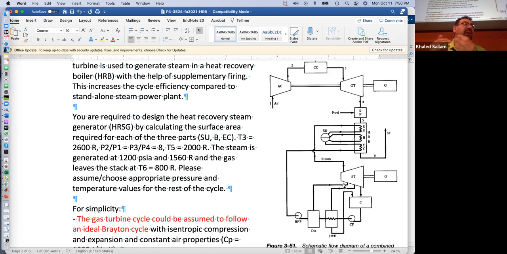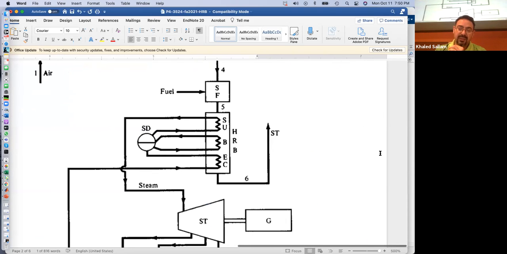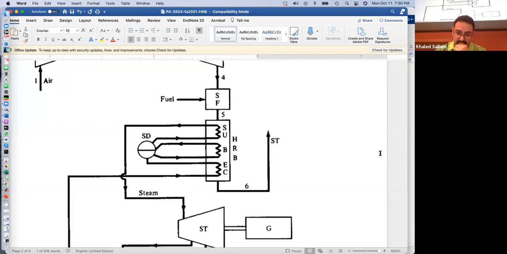Where is the place where they come in contact with each other? Where does the steam and the air come in contact with each other?